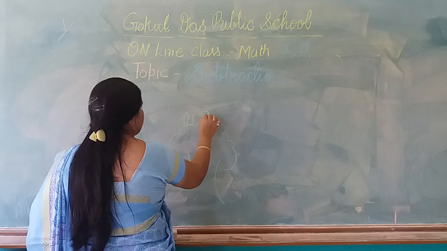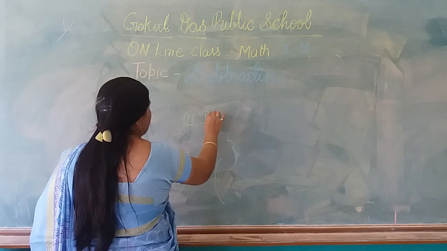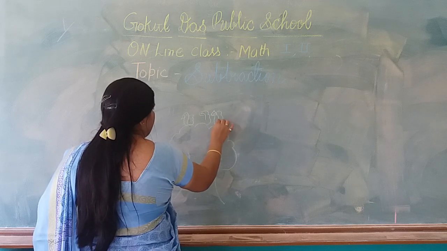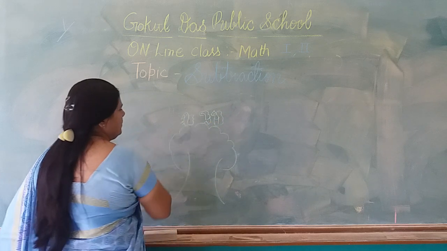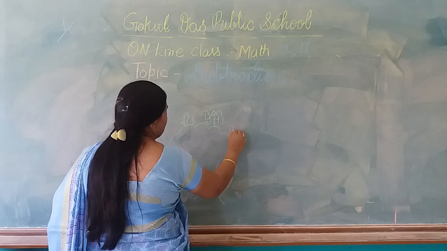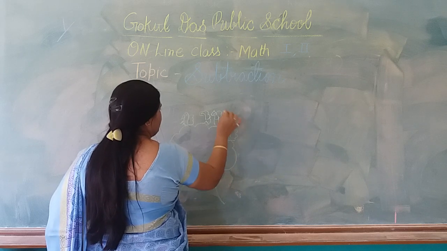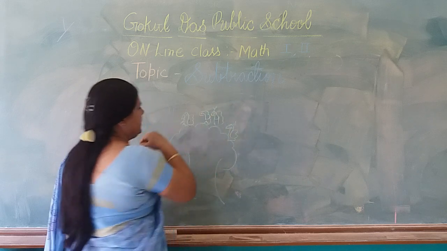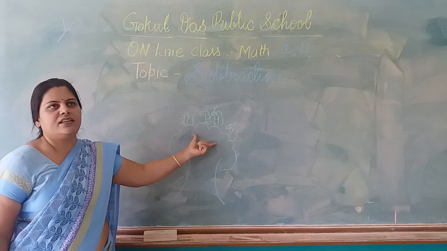I made 3 birds on this tree. Now one more bird I will draw for you. See, 4 birds are sitting on the tree.